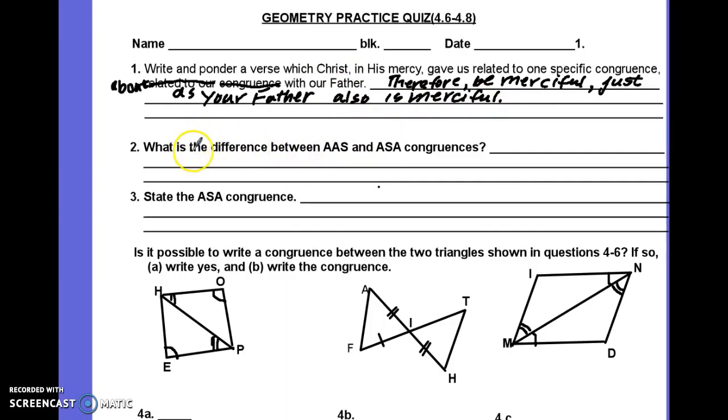What else do we have? What is the difference between angle, angle, side, and angle, side, angle congruences?